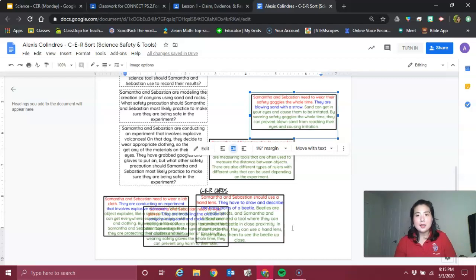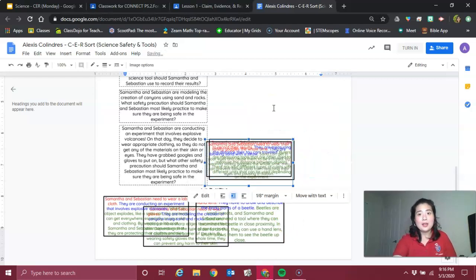They are blowing sand with a straw. Wait a minute. I did not read that evidence at all in the scenario card. So I know that that's not my answer because the evidence doesn't match the scenario card. So I'm going to put that to the side.